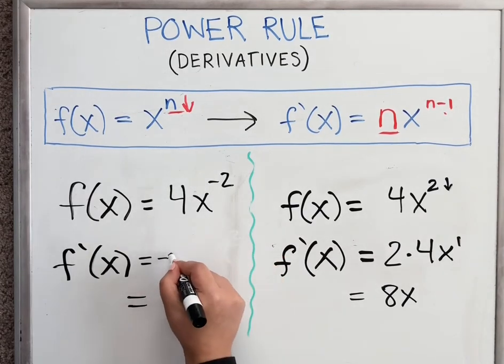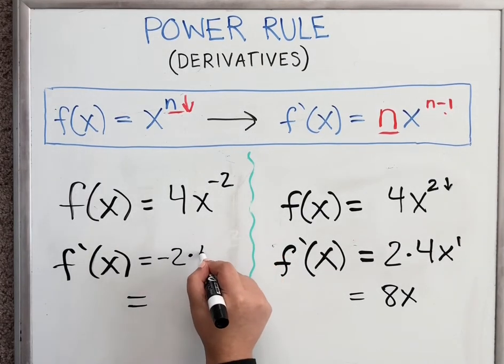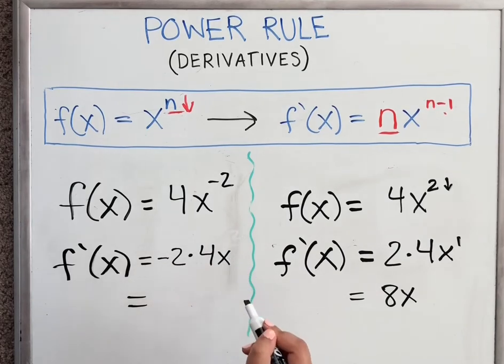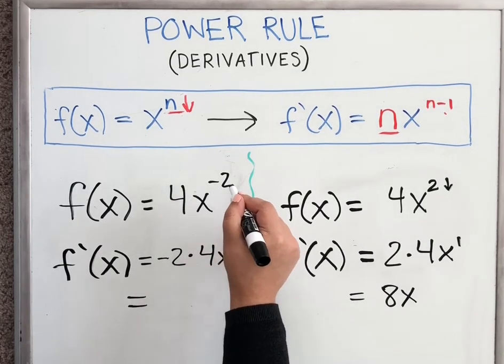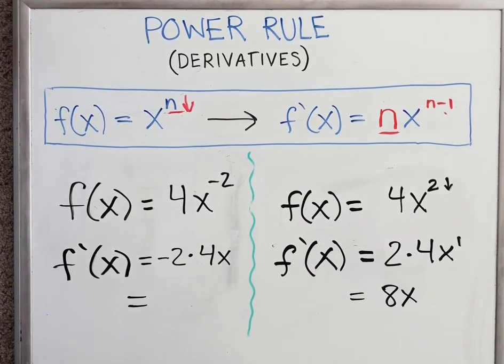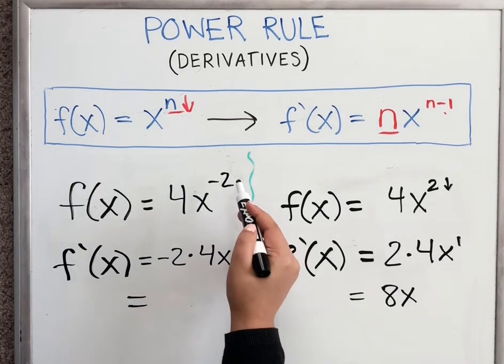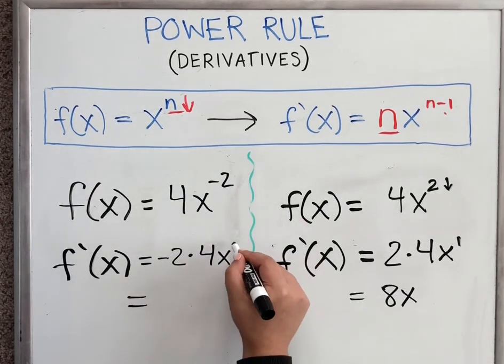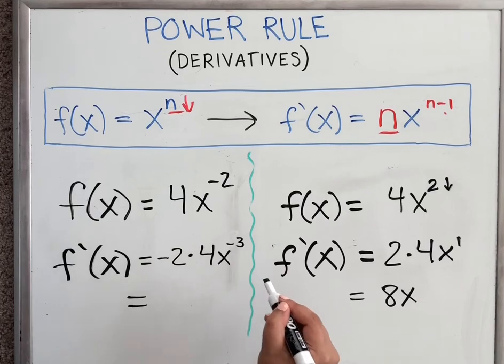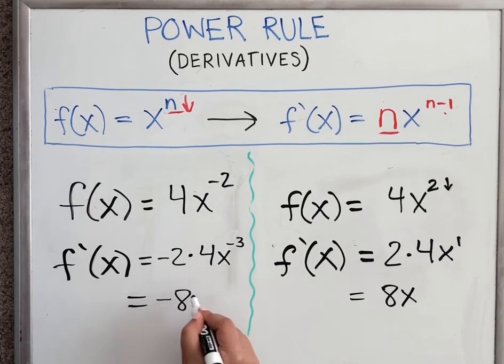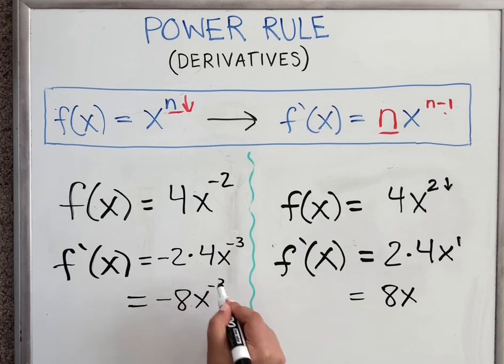So we're going to get a negative 2 times our 4x. And we're just going to drop that number down by 1. So here it may be a little bit confusing because you have a negative number. So just be careful. Negative 2 minus 1 is negative 3, not negative 1. So drop that down to negative 3. And then we just clean up like always. So we end up with negative 8x to the negative 3, right?